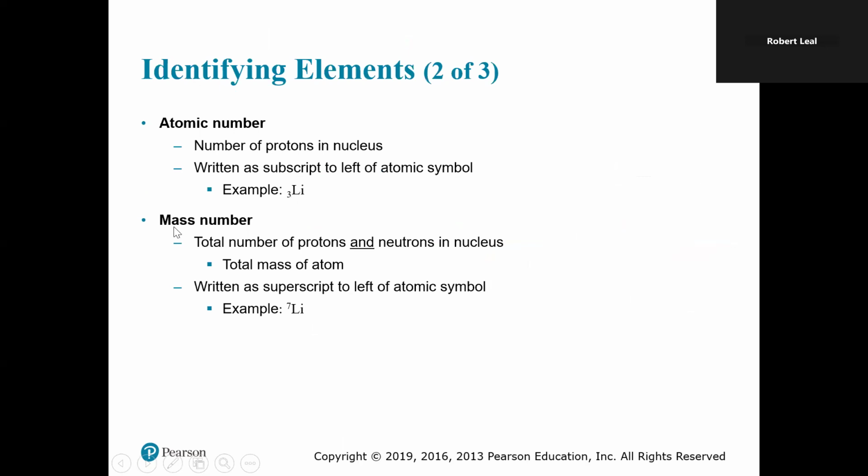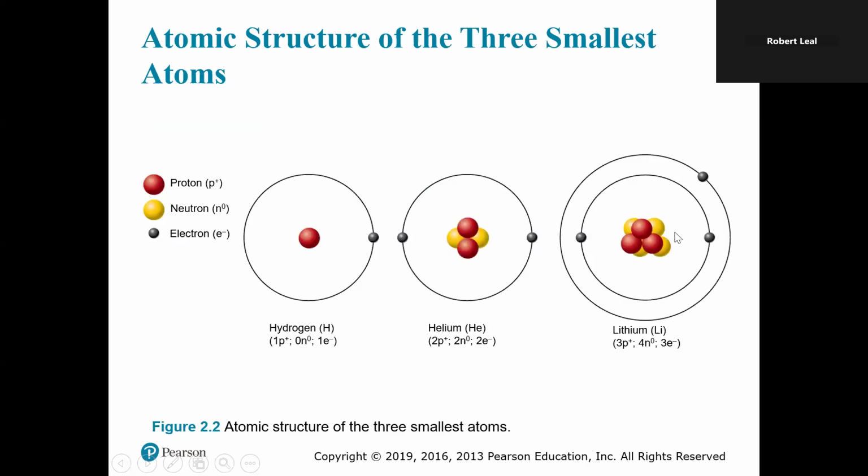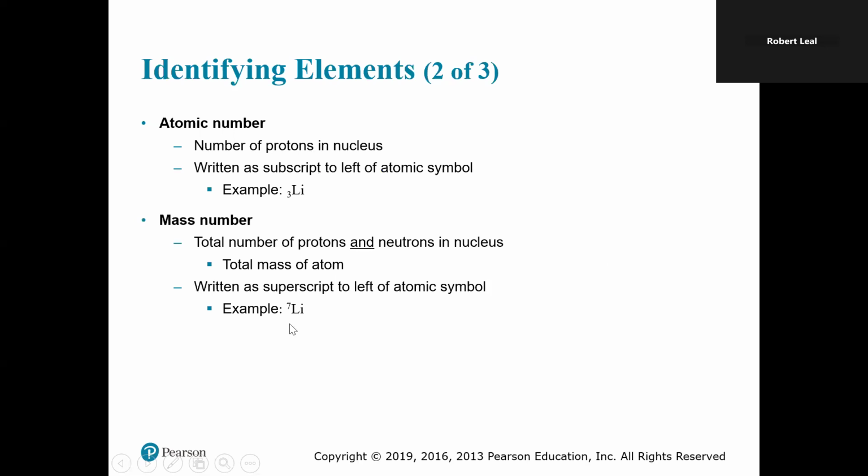And then atomic mass is the number of protons plus neutrons. And it looks like they write that to the top left, with upper script here for lithium. So if I go to lithium, remember it's 7, 3 plus 4 is 7 for the atomic mass. So the atomic mass is written at the top left versus the atomic number at the bottom left.